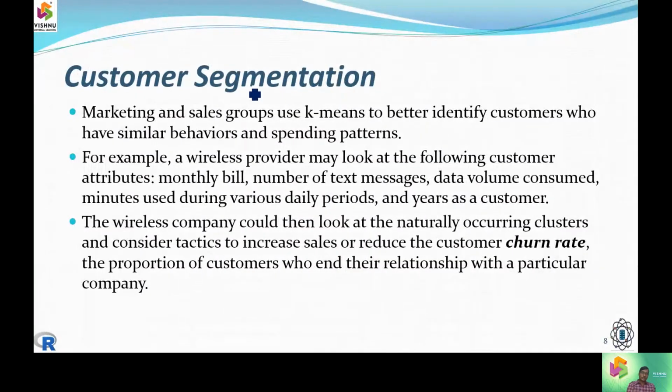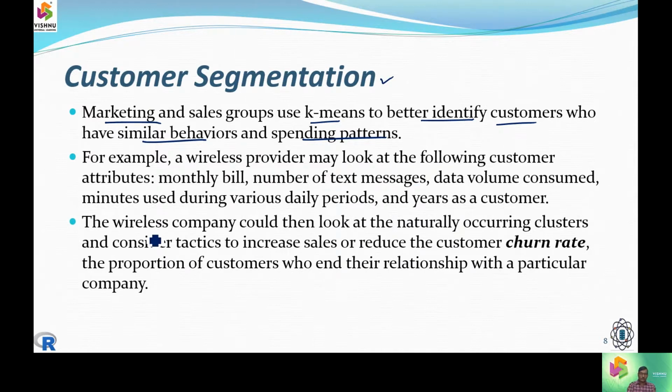The other segment where clustering is used is the customer segment. In the customer segment, there are marketing and sales which happen with k-means. They can better identify the customers' buying habits, behavior, similarities, and how much they are going to spend, etc. Everything is understood, and based upon that, such types of customers are targeted and formed as a group, and for them some offers and emoluments are built up.